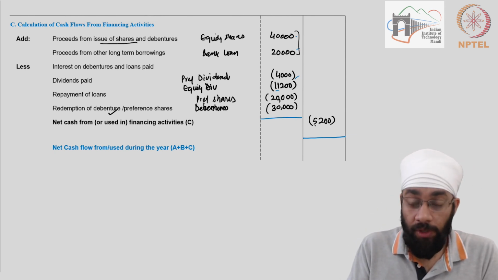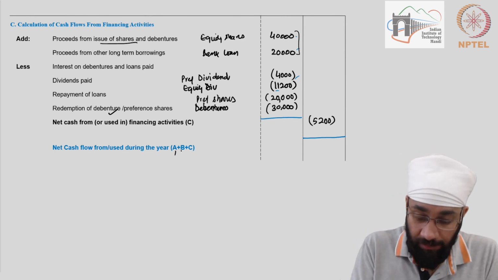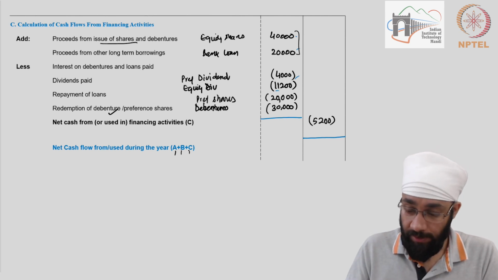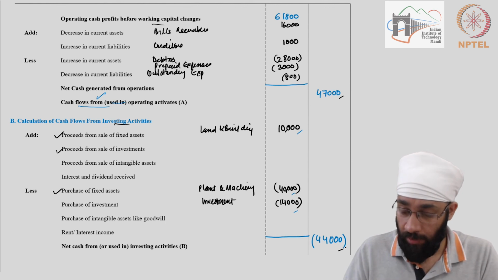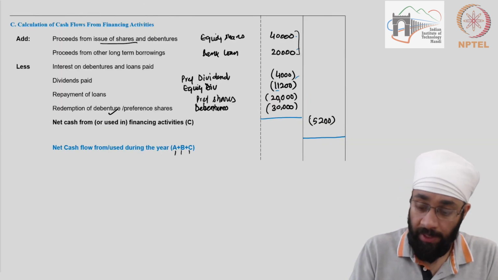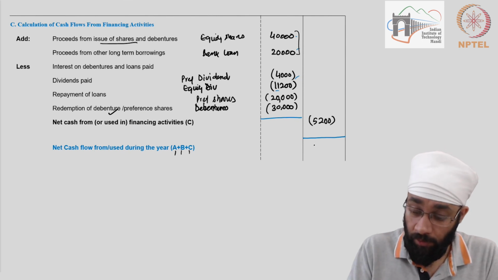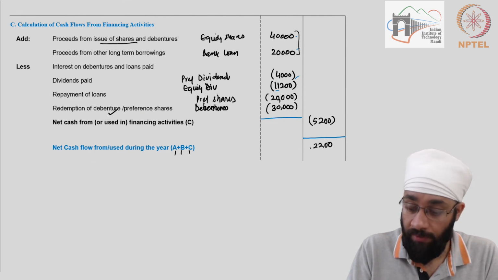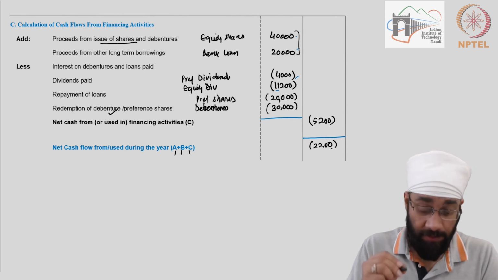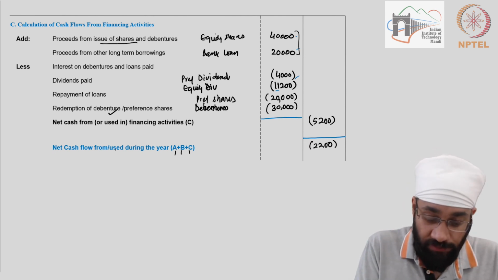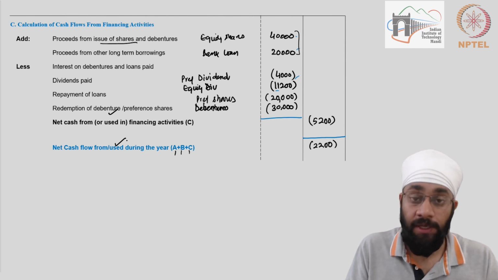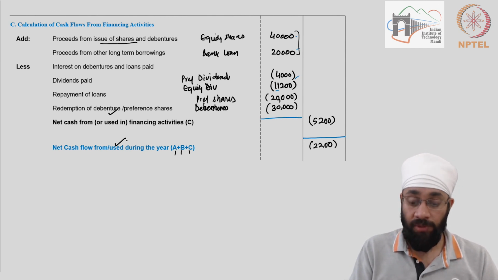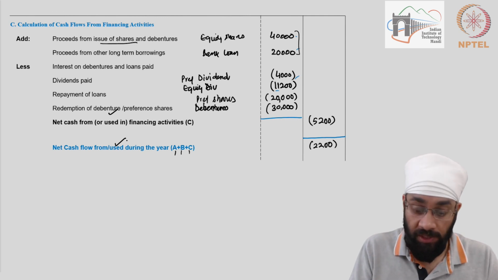So now all you have to do is sum the section A, B and C's totals, and you have 47,000, minus 44,000, which gives you 3,000, and minus 5,200. So this is 2,200 and this is a negative number. So this is net cash flow used during the year, A plus B plus C. So this is the cash that has gone out of the business.